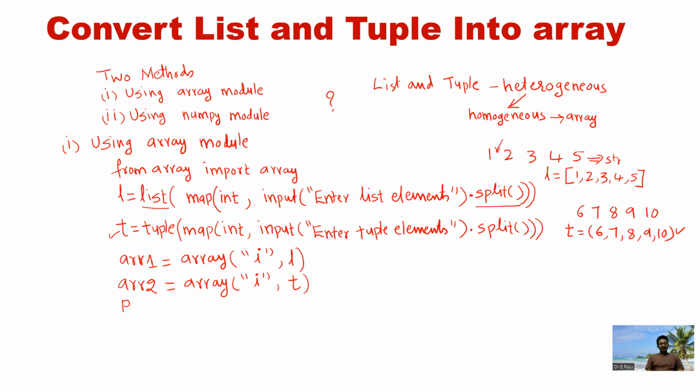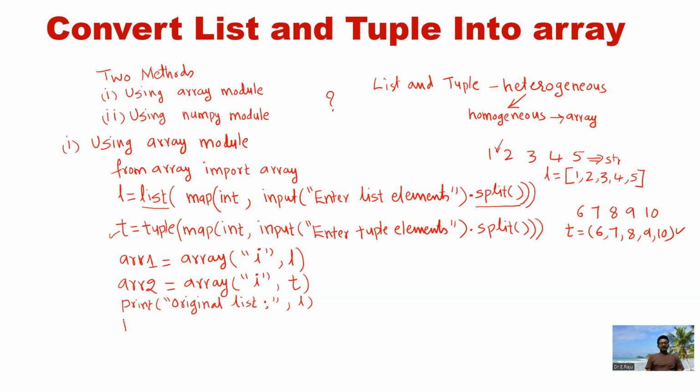First I'm trying to print the original list here. So I can say original list, then comma, L is the original list.